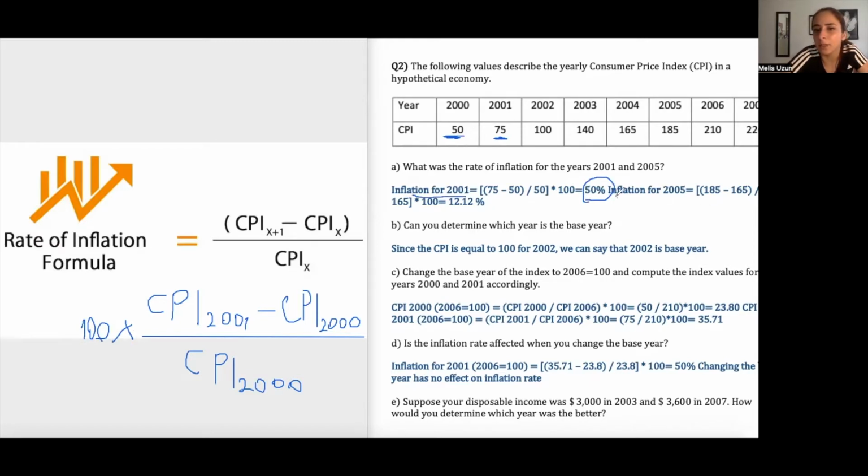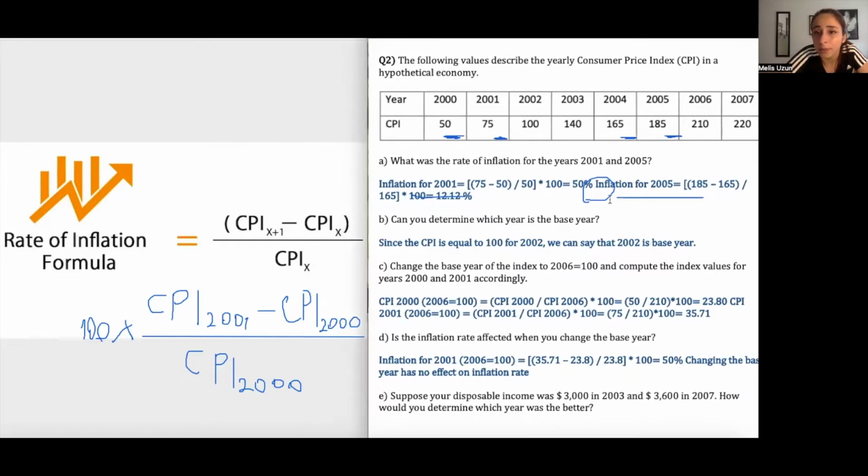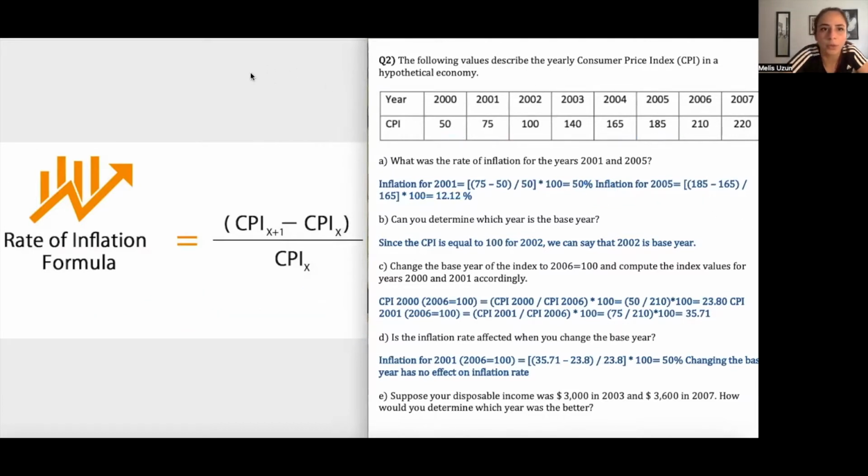And again, inflation for 2005, we use 2004 and 2005 CPIs. So it is 185 and 165. There is a problem with my computer, that's why I'm showing you like this.